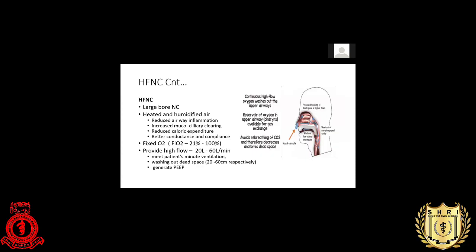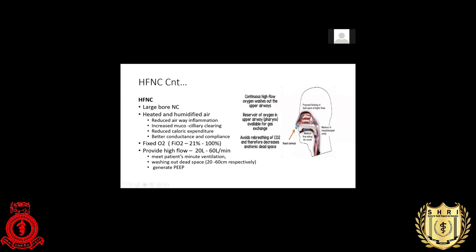You see in this diagram, this continuous air will wash out the air in this oropharynx and continuously replace it, and that will help to reduce the dead space. Then this is oxygenated air in this area. It also washes out carbon dioxide, because it dilutes the carbon dioxide in this part, so that gives a good amount of oxygenated air and improves the patient's oxygenation.